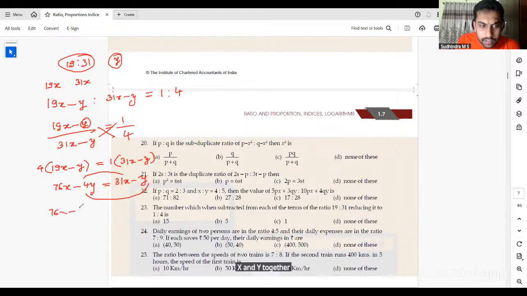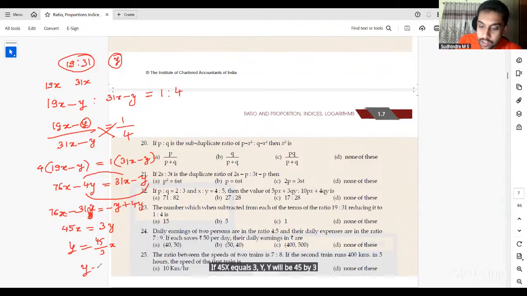That is 76x minus 31x equals minus y plus 4y. 76 minus 31 is 45x. Equals 3y. If 45x equals 3y, y will be 45 by 3 x, which is 15x. So if y is 15x, the number is 15.